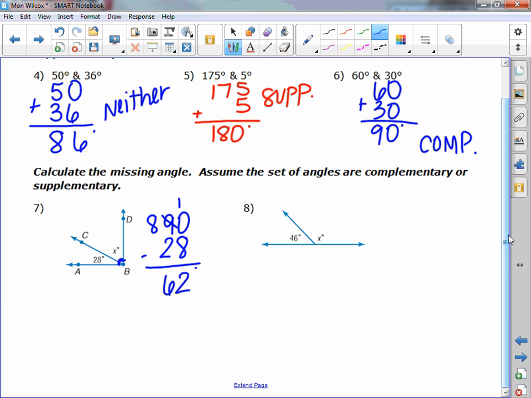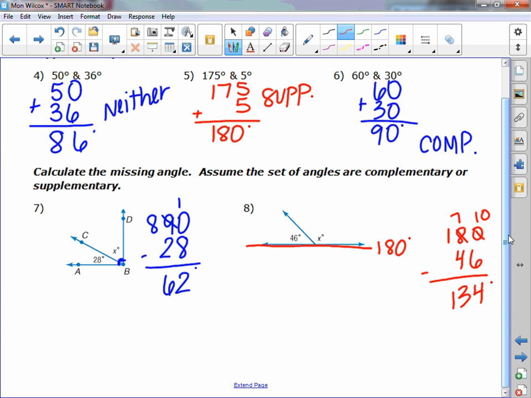Number 8, these two angles are supplementary to one another. I can tell because together they form a straight line, which I know is 180 degrees. If one of them is 46, subtract the 46 from 180. Borrow from the 8. 10 minus 6 is 4. 7 minus 4 is 3. So the missing angle here is 134 degrees.